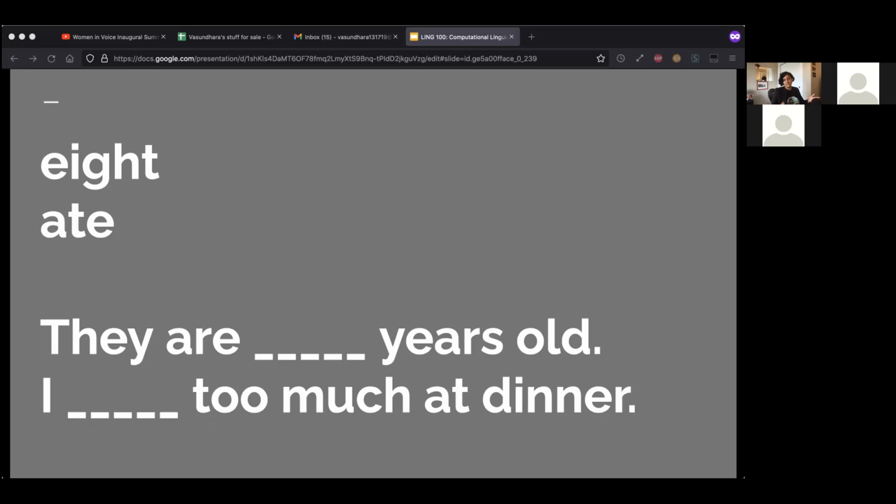Let's say that the number 8 is just more common than the verb 8. Then without any context, your model might predict the first one, the number. But if you say 8 too much at dinner, it could go back and say, okay, clearly that's not the right context for that, and change it, and you get a better transcript overall. So that is that.